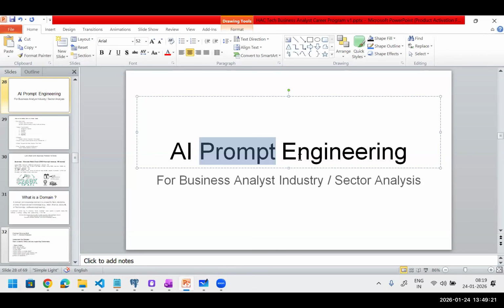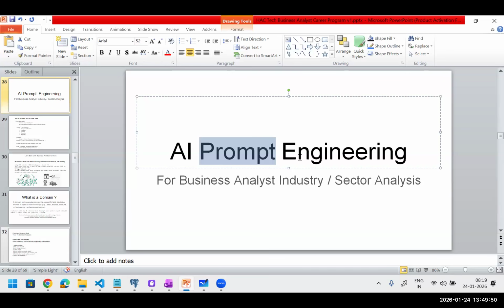What does it mean? A large language model is something where, whatever English you provide in a properly structured way, accordingly it will give you the results. That's why the way the Google search engine works doesn't apply to ChatGPT or Grok, whatever applications I mentioned. They will give you hallucinated, unpredictable information.